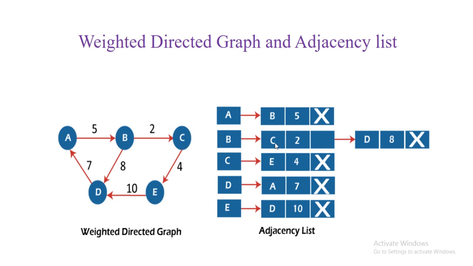B to C, so write the C, the name of this node, and the weight assigned to this node. Then B to D. Name of the node D, weight is 8, and then specify the null. Then E to D and then null. So this is the weighted directed graph and the adjacency list for the respective graph.